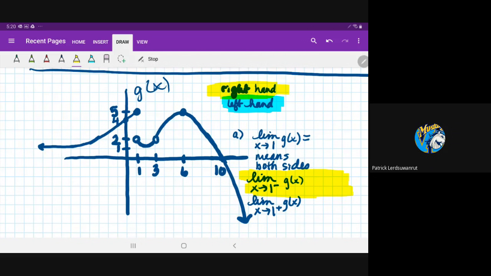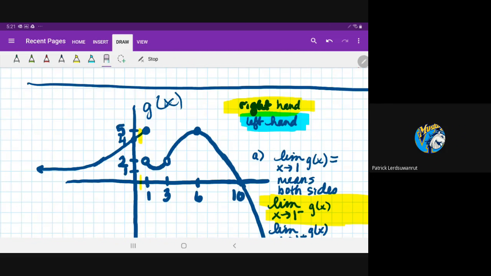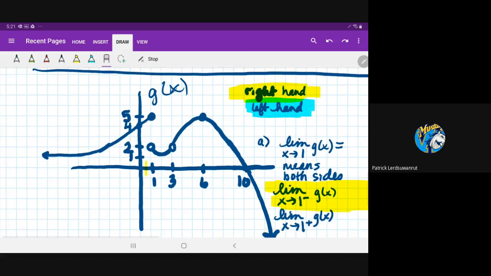So 1 negative means 0.5. If I go over here to 0.5, where's my y value? My y value is right here.